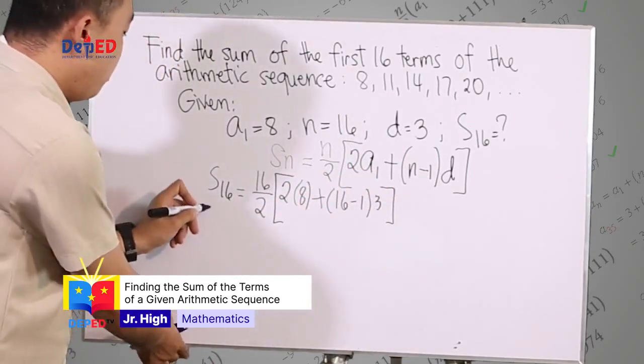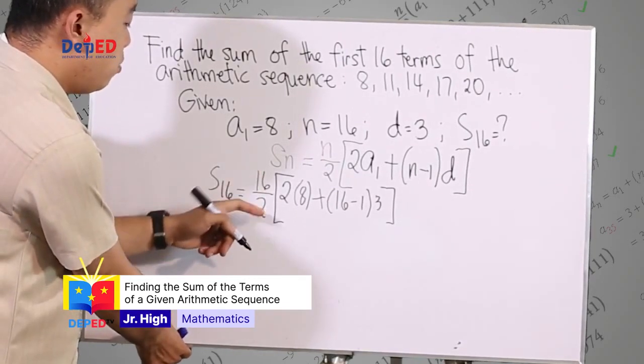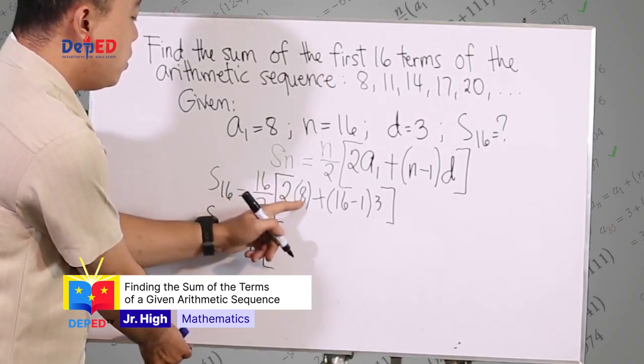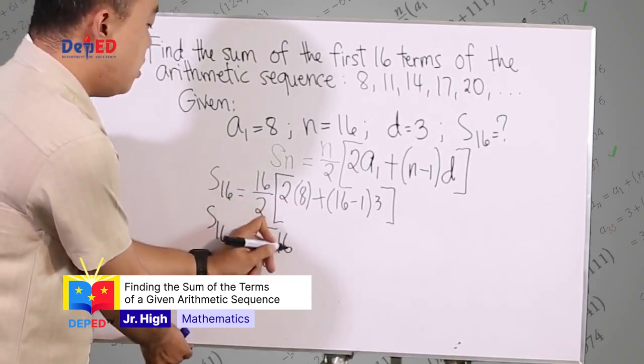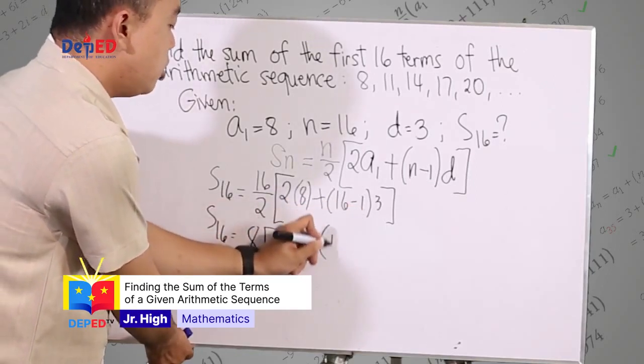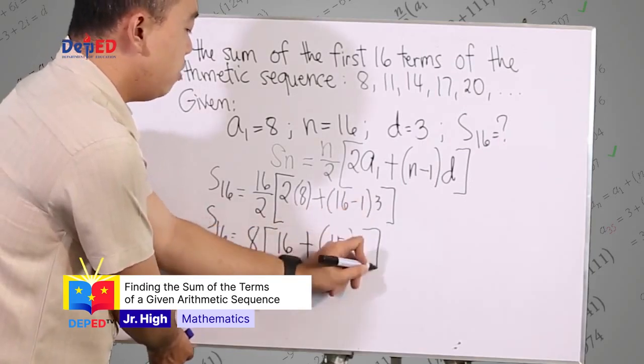Next, we will have s sub 16 is equal to 16 divided by 2 is 8 times the quantity 2 times 8 will give us 16 plus 16 minus 1 is 15, and the difference of 3.